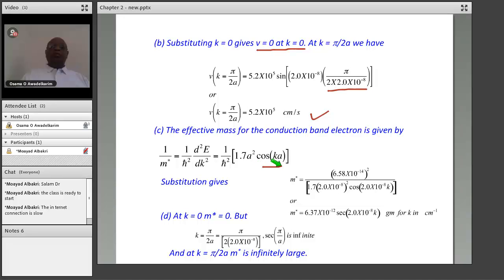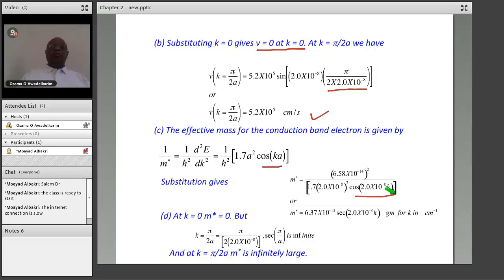And so we substitute, for k equals 0, the cosine of 0 is 1, so the m star, let me see here. m star equals sec, actually, because the reciprocal of cosine is sec, right?